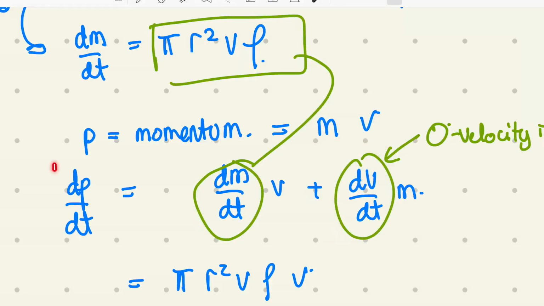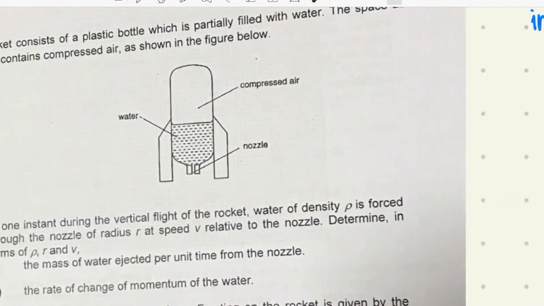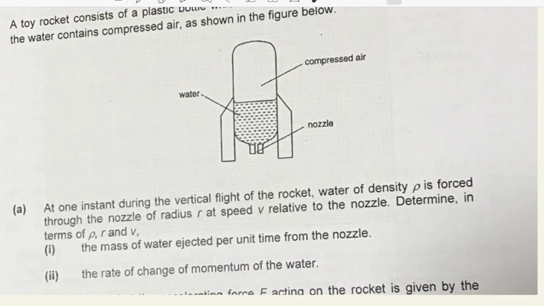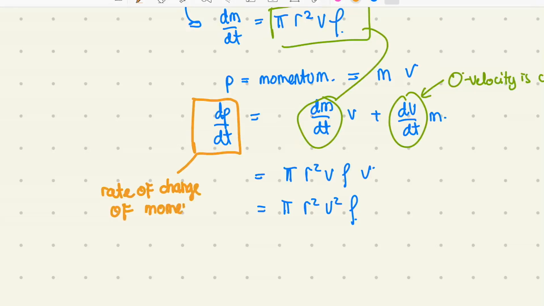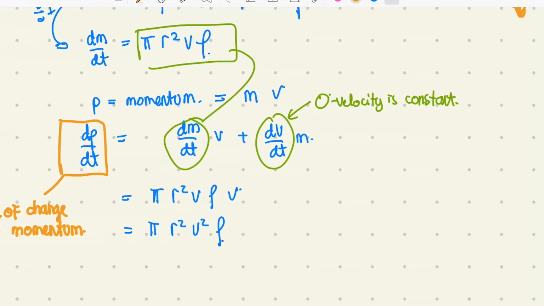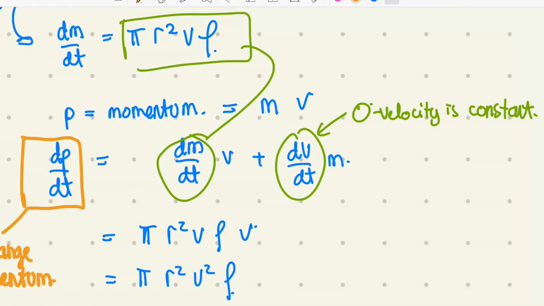Then they ask for the rate of change of momentum of the water. Rate of change of momentum equals dp/dt. Then we apply the product rule. Very simple.